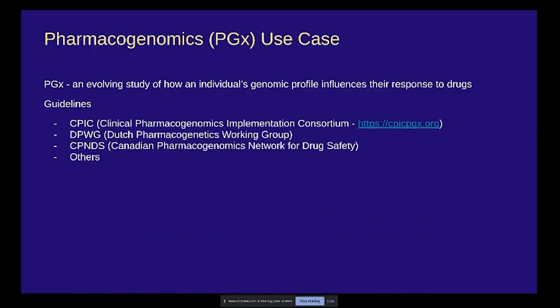It's the more globally accepted guideline, and it's distributed as semi-structured, in that it's available in tabular form plus also as a publication. There are also other guidelines which are maybe regional, like Dutch, Canadian, French, Japanese, and so on.